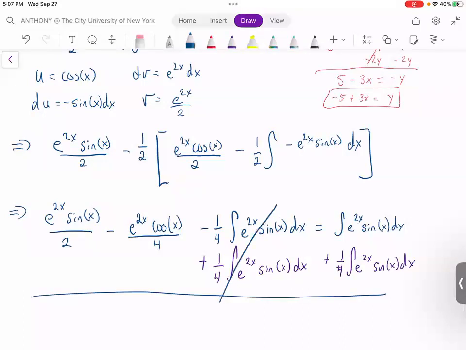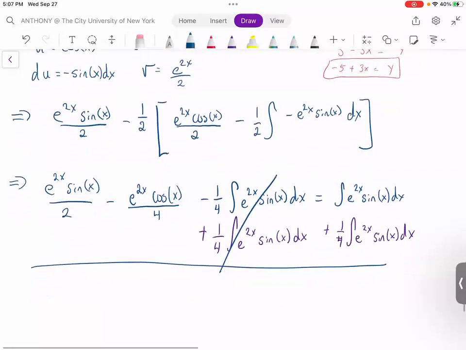So on the left side, the 1/4 parts will cancel. So we have e to the power of 2x sine of x over 2 minus e to the power of 2x times cosine of x over 4 equals, well, let's think about it. This is one whole integral plus 1/4 of the same integral.